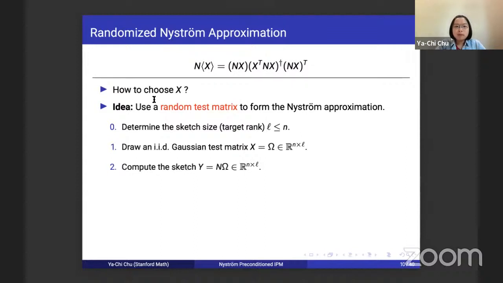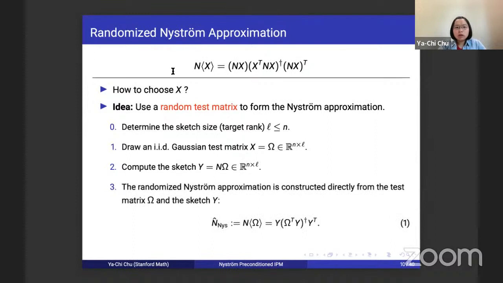And then the next step is we could compute the sketch of N onto this omega. So N times omega, in the literature people call it the sketch, because after applying it onto omega, this becomes a smaller matrix, or like a tall matrix now.